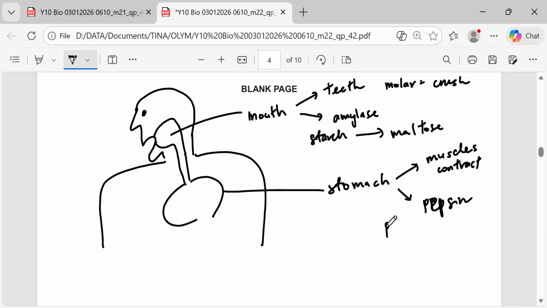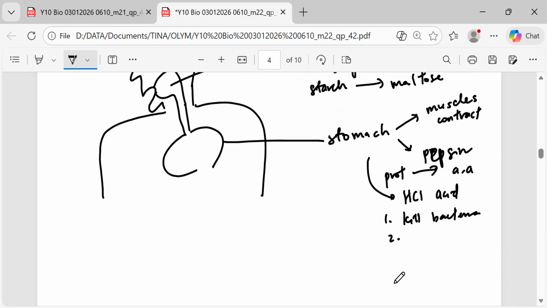Okay, that changes protein to amino acid. And you also have hydrochloric acid. So there's three functions: kill bacteria. And what if the bacteria already release enzymes? So to denature. For example, if the meat has bacteria, you eat the meat, you kill the bacteria.